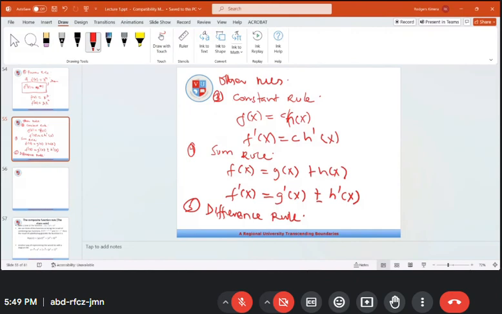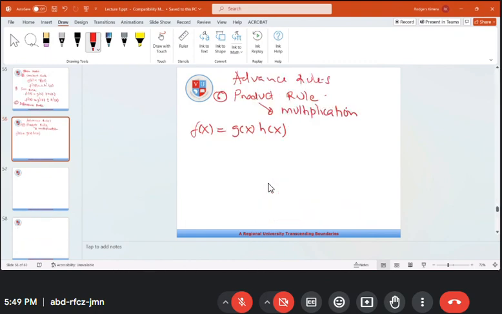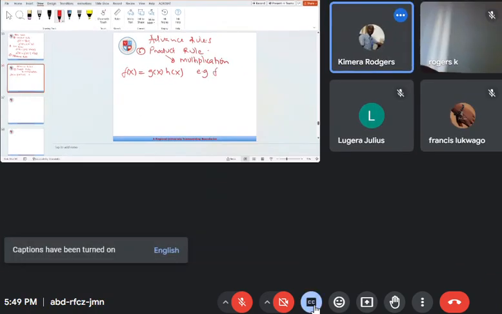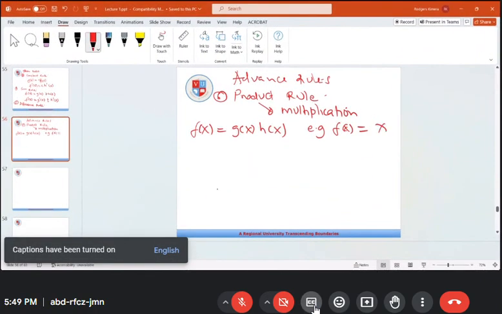Number 6, we talked about the product rule. Product rule, basically, the word product means multiplication. If you're multiplying two functions, for example, if f of x equals g of x times h of x, this is a product of two functions. For example, f of x equals x squared into x cubed minus 3x.